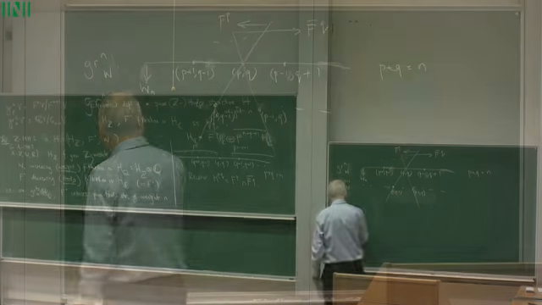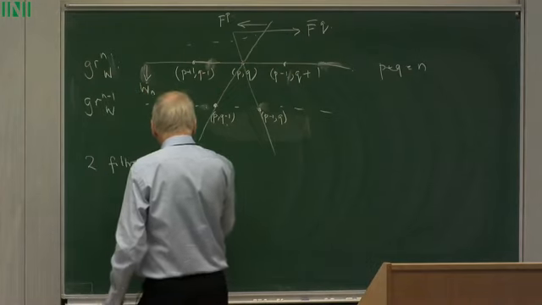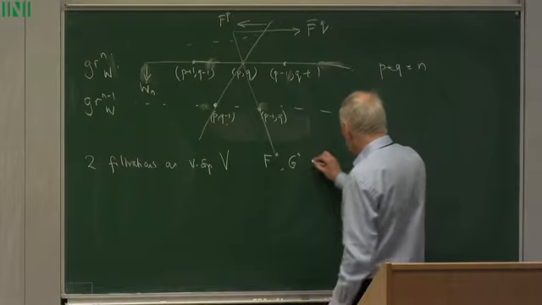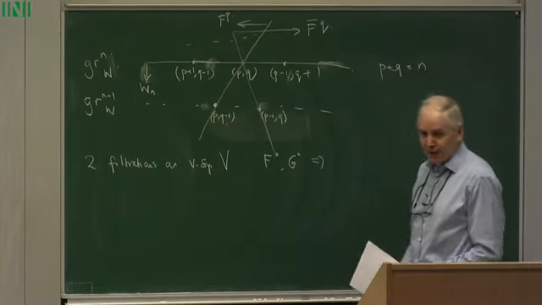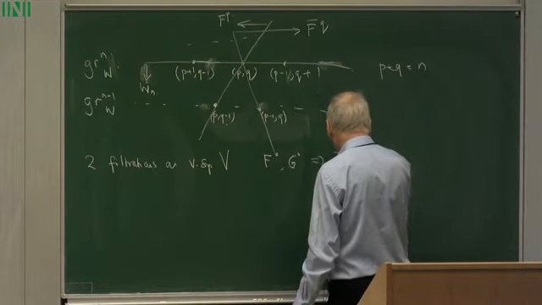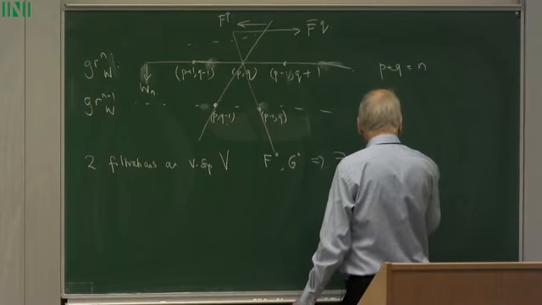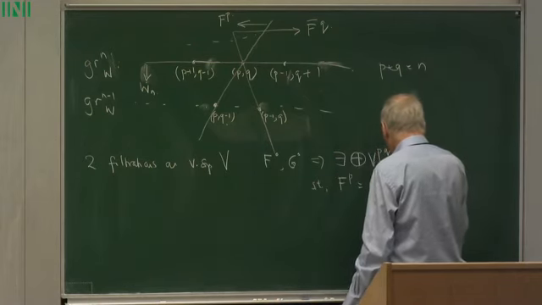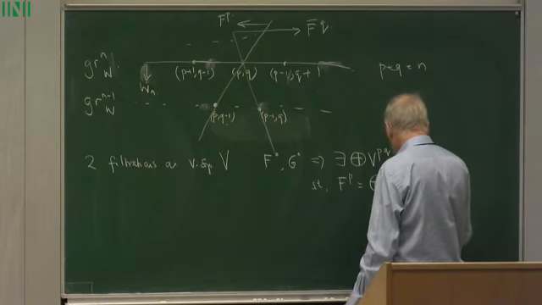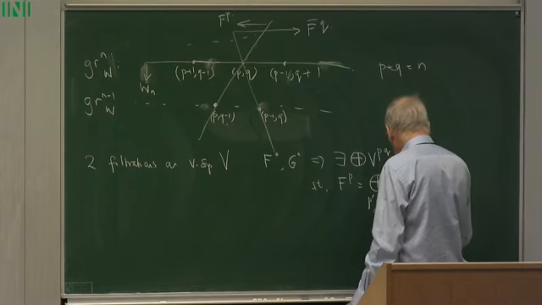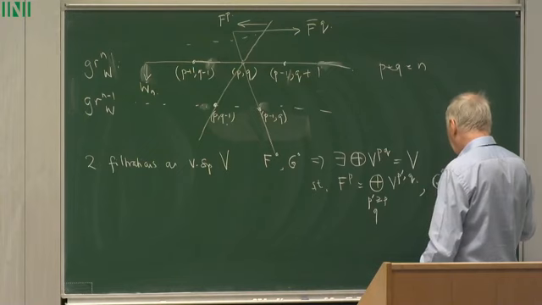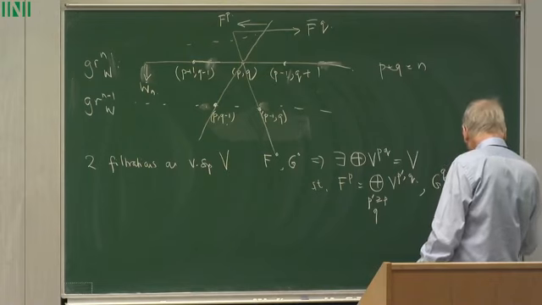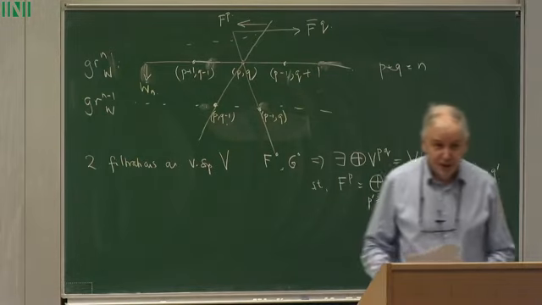If you have two filtrations on a vector space V, say let's call them F and G, then it's not hard to show, it's basically Zassenhaus's lemma, that you can find a direct sum decomposition of V such that Fp is the sum of the things V P prime Q, where P prime is greater than or equal to P and Q is anything, and GQ is the same thing where we allow P to be anything and Q prime to be greater than or equal to Q. So you can split the filtration by subspaces non-canonically.